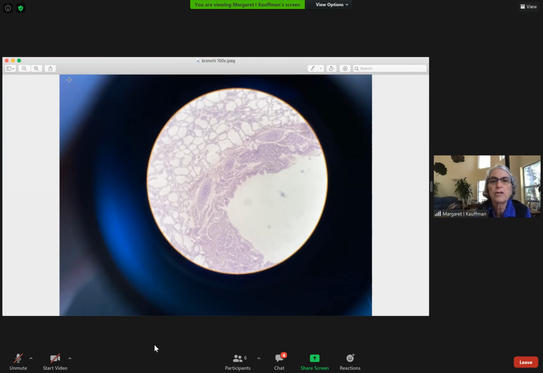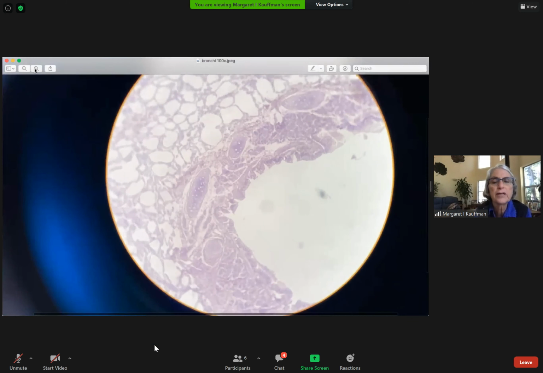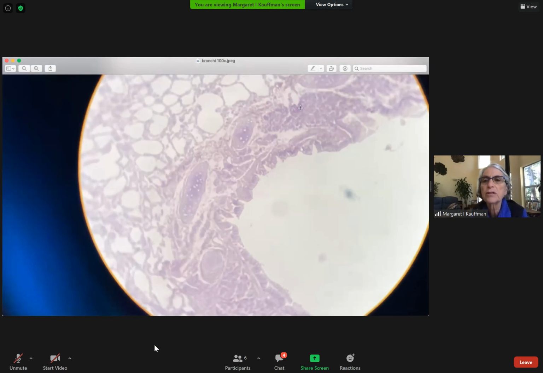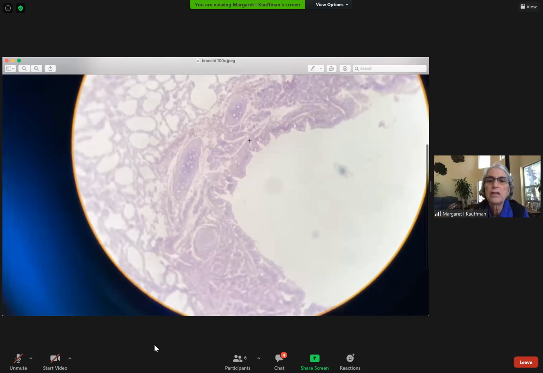It's a little hard. We could try and go higher to see if any of it becomes more clearly muscle. Things like this are probably muscle because they're wrapped in bundles, and they're probably cut in cross section. And then we probably have the lamina propria and the submucosa in here.